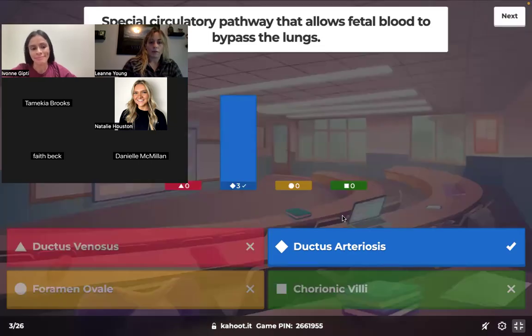Yes. So this is your ductus arteriosus. As we know, babies are not actively breathing in utero. The fluid is going to have to bypass the lungs. So the mechanism of that is the ductus arteriosus. So yes, that is correct.